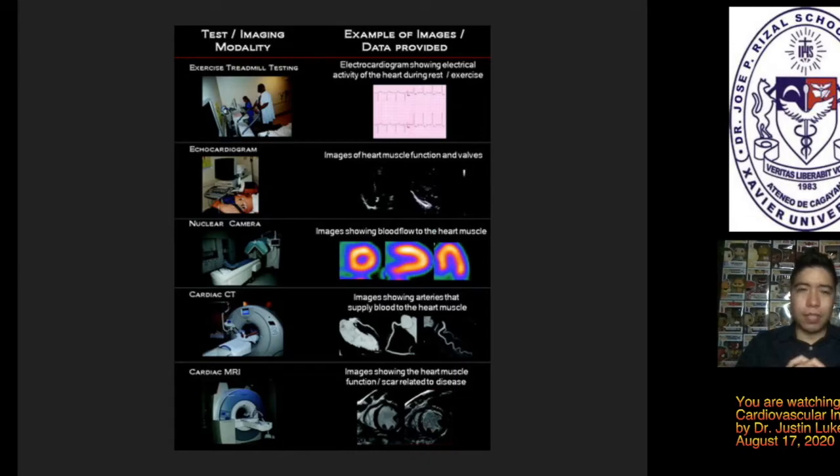So here are some of the samples of imaging modalities. Exercise testing and echocardiogram is more of the scope of cardiologists. So this is more in internal medicine. They look at the ECG and images of the heart muscle function and valves. For nuclear medicine or the gamma cameras, this is another branch of diagnostic imaging.